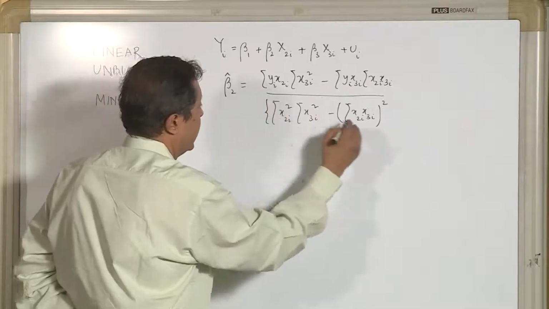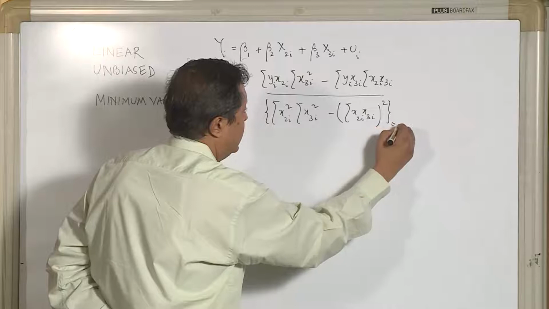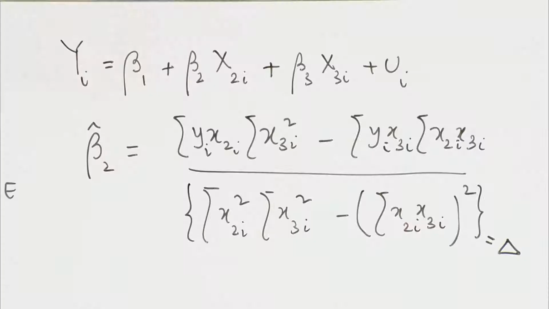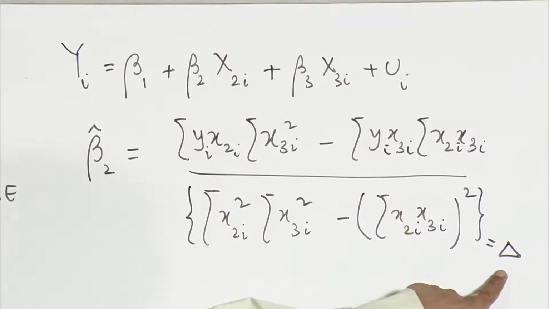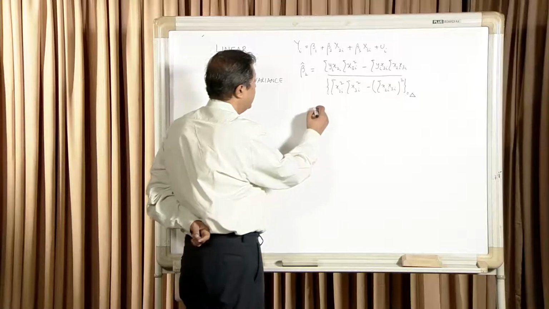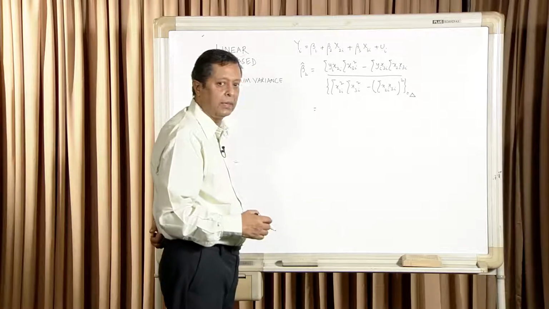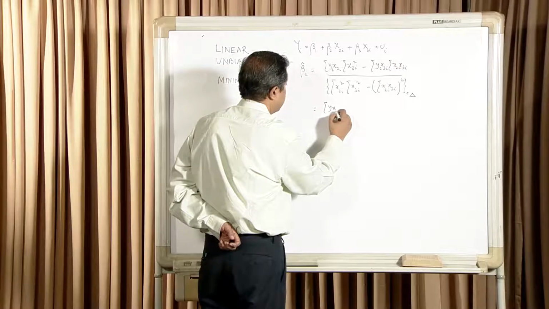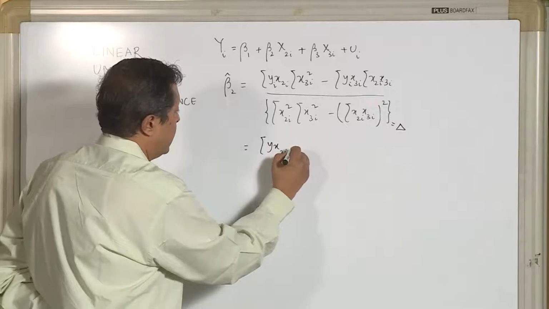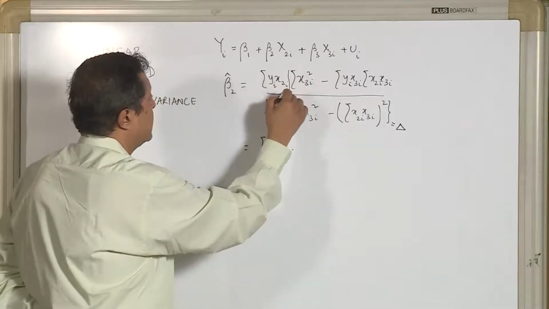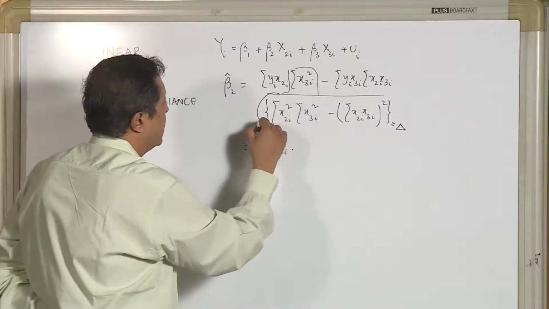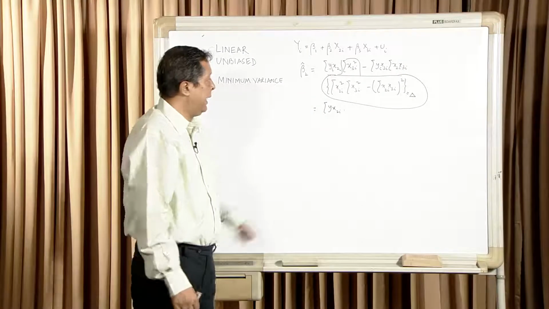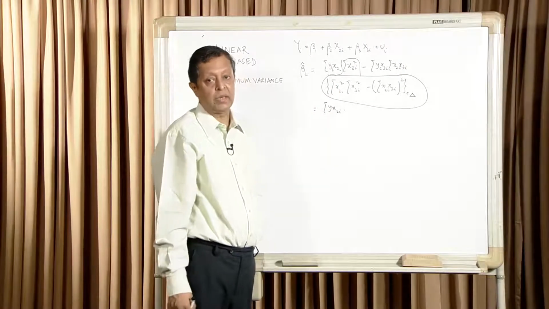Just for the sake of ease, let us denote the denominator by delta. So, we find that beta 2 hat is summation y x2i times this expression, where the x's are all non-stochastic.